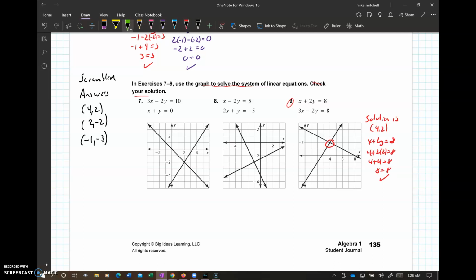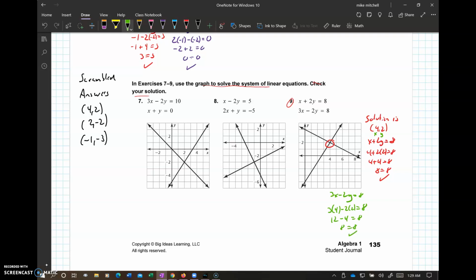Let's try another one here. We've got the 3x minus 2y equals 8. So I have 3, and I should have labeled these. That's my x, that's my y. 3 times 4 minus 2 times 2 equals 8. That's 12 minus 4 needs to equal 8. 8 equals 8.